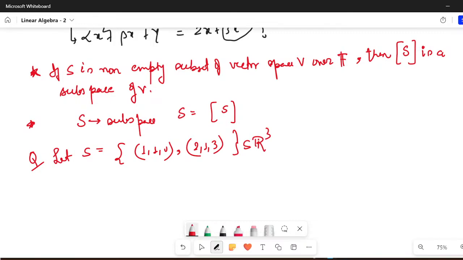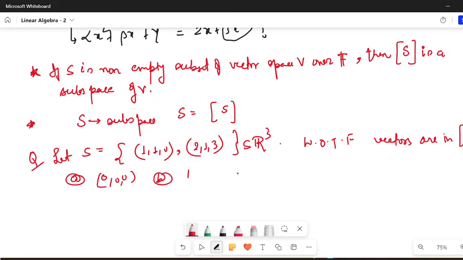We want to determine which of the following vectors are in the linear span of S. Option A is (0, 0, 0). Option B is (1, 2, 3). Option C is (4/3, 1, 1).